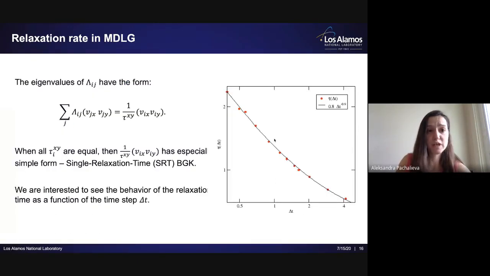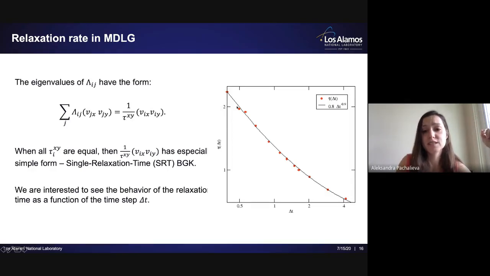And we also calculated the relaxation rate from the MDLG, and we still don't completely understand how, even in this very simple shear flow, this really relates to the over- and under-relaxation, but we're trying to map this to a certain theory.